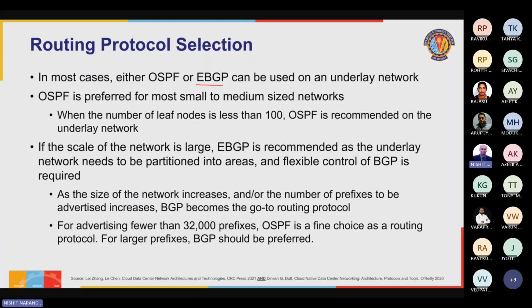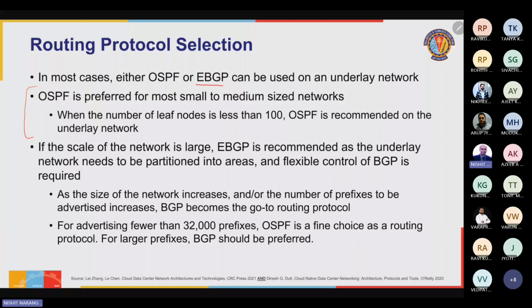Okay, so how do I decide which protocol to use? Based on size. The general recommendation, and this is where the recommendation part comes in, is to use OSPF, and it's preferred when your data center network is a small or even a medium-sized data center network. There are two rules of thumb that are followed. One rule of thumb is you can look at the number of leaf nodes that exist in your data center.